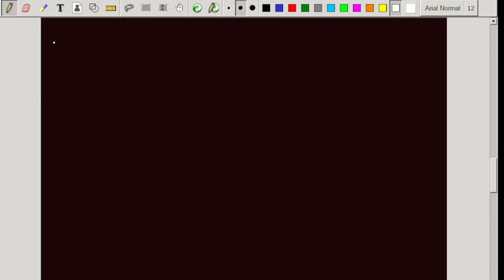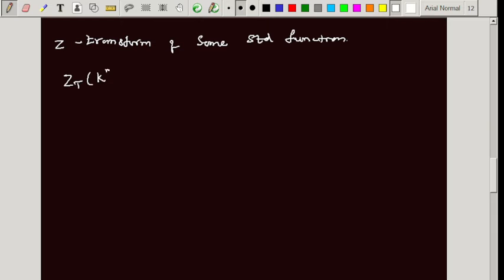So here are some standard Z transforms of some standard functions. The Z transform of k power n.